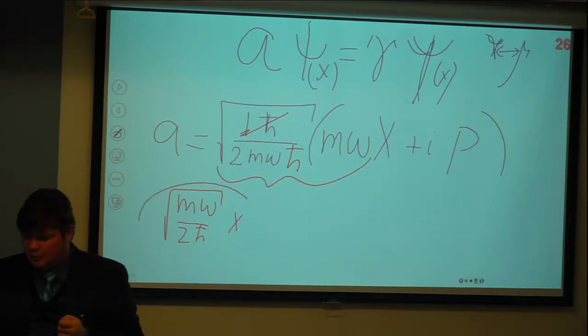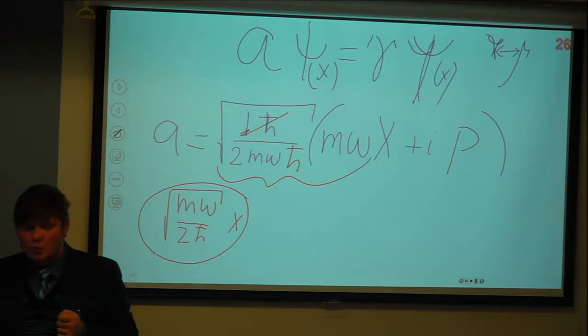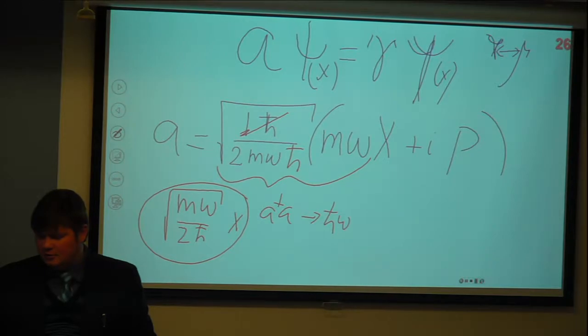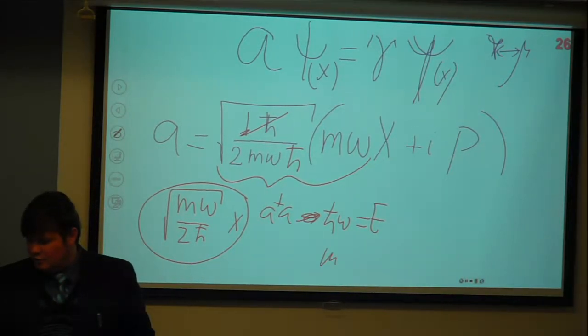Well, we will waste time, but the way to check is the same as you did in the homework: to double check that making A dagger A times h bar omega will give you the total energy, m omega squared x squared over 2.